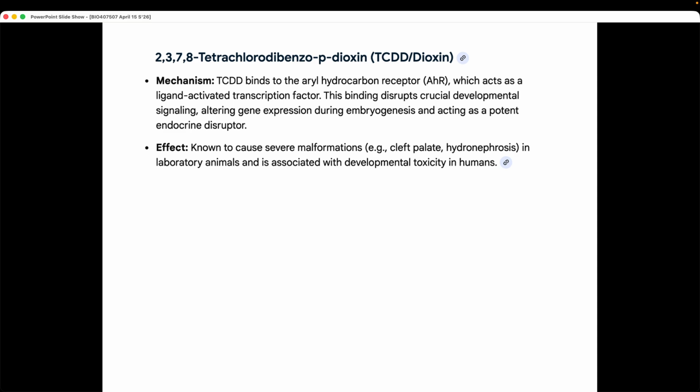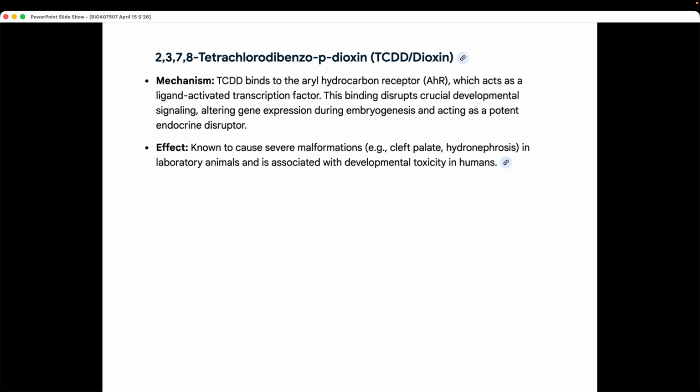The mechanism of dioxin and PCB can be varied, but the aryl hydrocarbon receptor is a transcription factor, and it has a ligand that binds to it. It's really interesting to talk about this receptor. It's not a nuclear receptor, but it is another transcription factor that's activated by binding to a ligand.